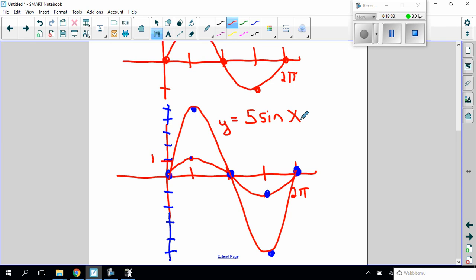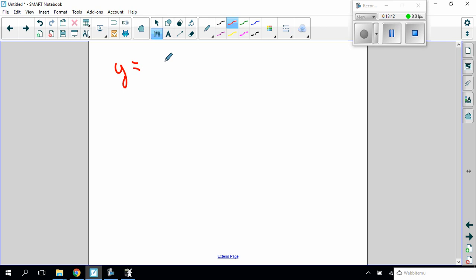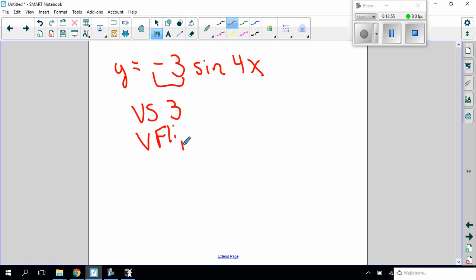So, let's have some more fun. So, y equals -3 sine 4x. V scale is 3. V flip, because the negative flips the graph vertically. Period is 2 pi over omega.